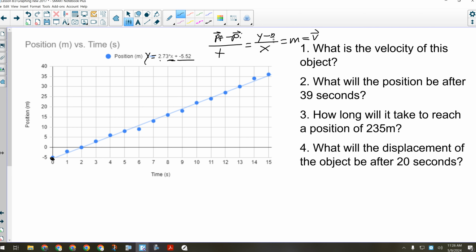Can I use this graph to calculate the position, which would be a y value, after a given amount of time, 39 seconds? 2.73 times 39 plus negative 5.52.